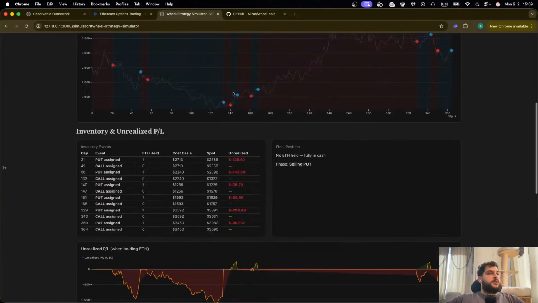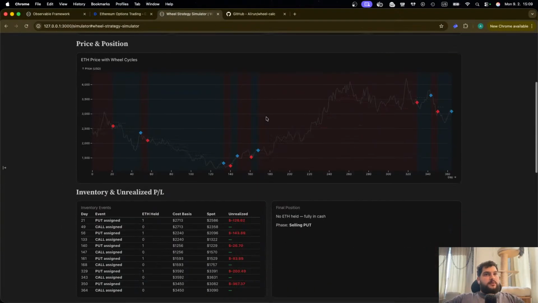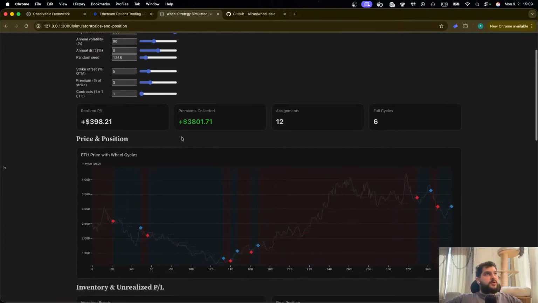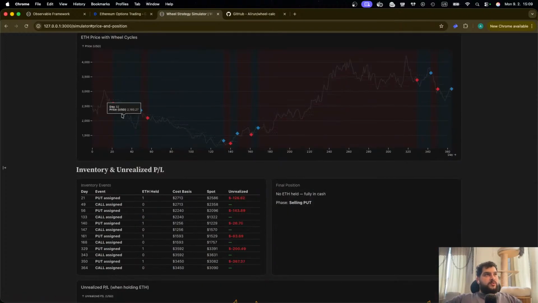Okay. So where we were at, we were buying at a lower price, right? Or selling at a lower price, basically. Here we purchased it, and then we sold it here. As I told you before, we need to mitigate those.